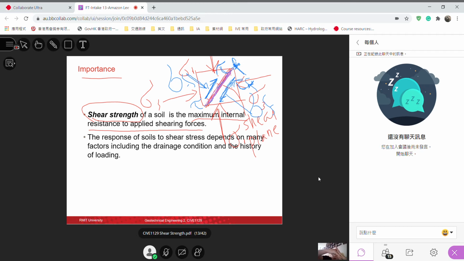So, in order to mobilize the shear, you learned friction in physics, right? You have to have a normal stress. This normal stress perpendicular to the potential failure plane basically comes from the confining stress. Stress is developed everywhere, so you can reorient the stress.